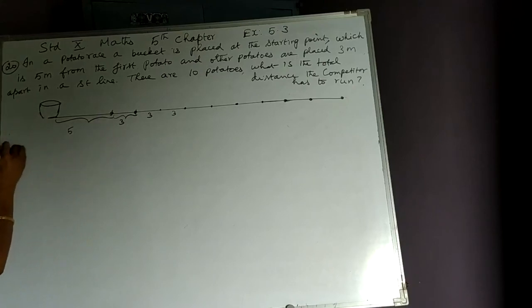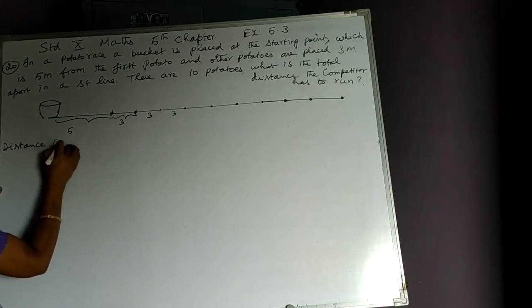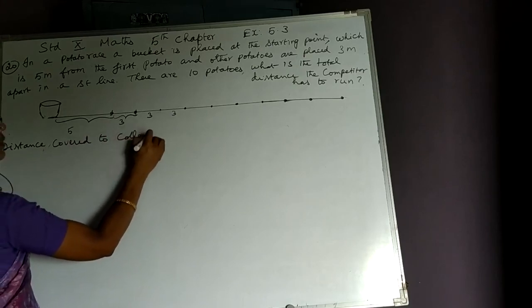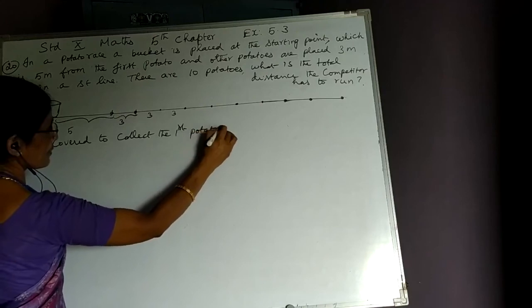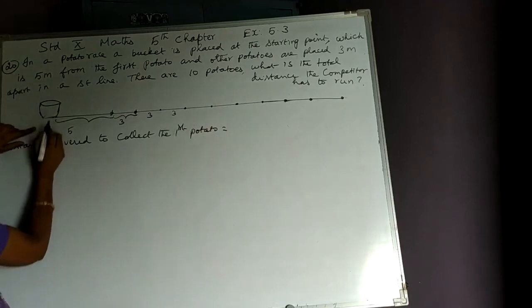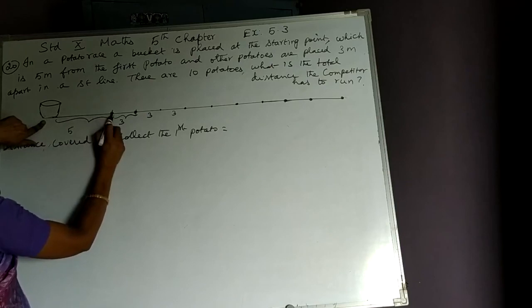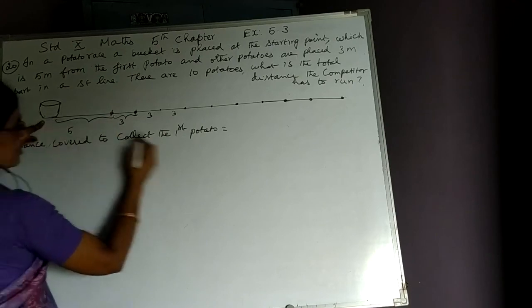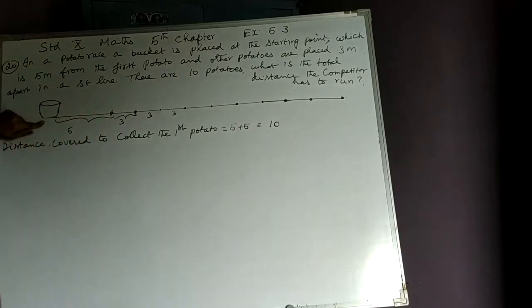So, I write distance covered to collect the first potato is equal to, hope you understood. Here the competitor begins. So 5 meters till the first potato she runs, and then to put the potato in the bucket 5 meters she has to come back. Therefore 5 plus 5, which is equal to 10 meter.